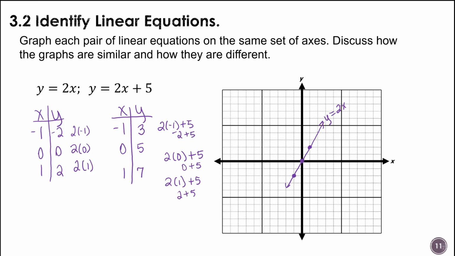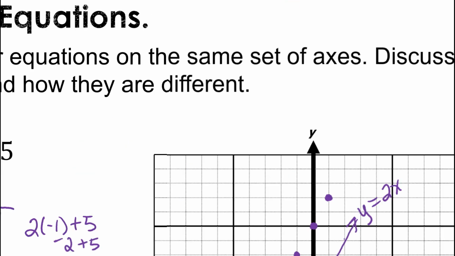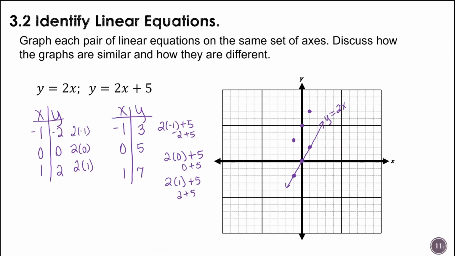All right, so now let's look at the next one. We have -1, 3, 0, 5, and 1, 7. Okay, so let's see what happens here between these two graphs. They look pretty similar.